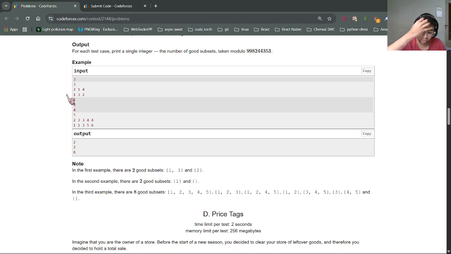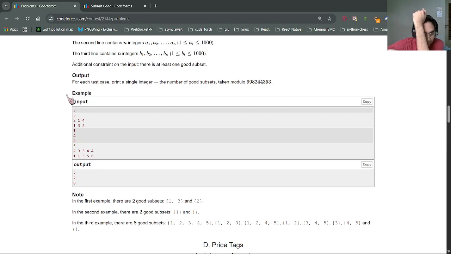So 4 and 2 is 8. But empty set is based on the arrays. Well, only three references that I have to sort of.